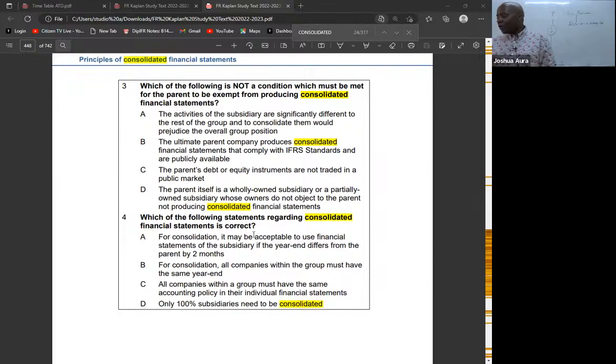B, for consolidation, all companies within the group must have the same year end. Unfortunately, we skipped the coterminous years, but let's see somebody who is lucky. C, all companies within a group must have the same accounting policy in the individual financial statement. D, only 100% subsidiaries need to be consolidated.